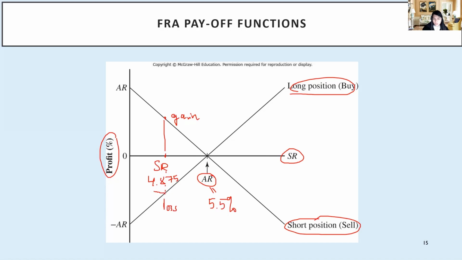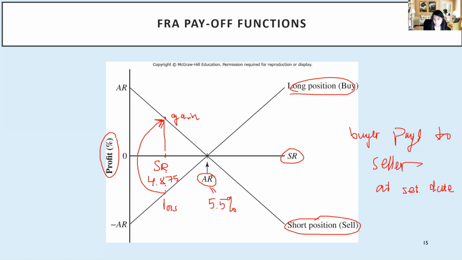In other words, the buyer pays to the seller at the settlement date. When the interest rate decreases, the seller gains and the buyer loses.